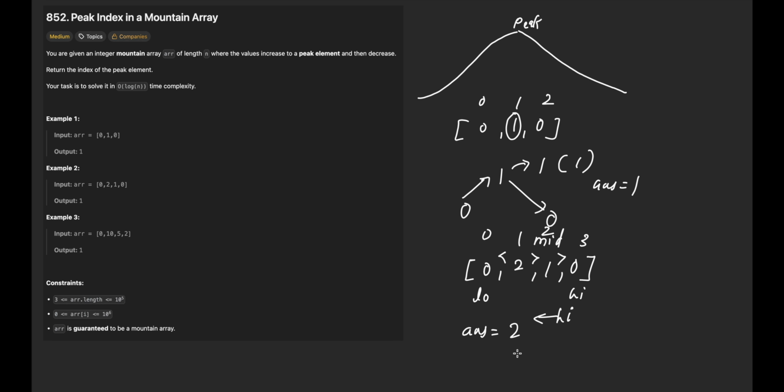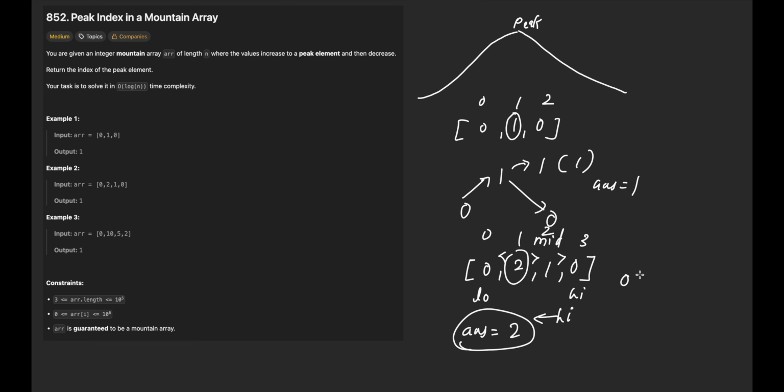We continue to do so as long as the element at the mid index is greater than the element to the right. We store the answer only in that case. If we continue, we arrive at a point at 2 where there are no conditions left to search in the left such that the current element is greater than the element to the right.